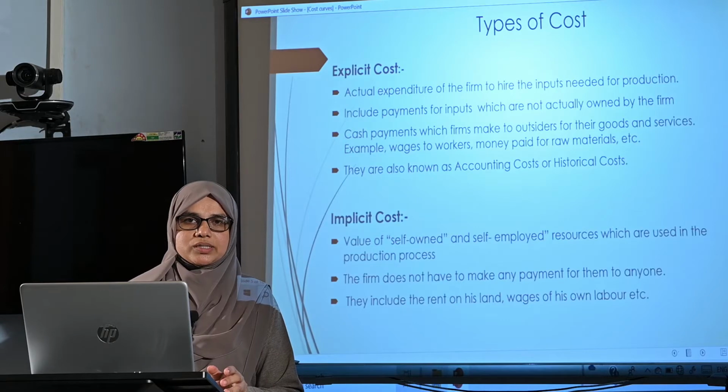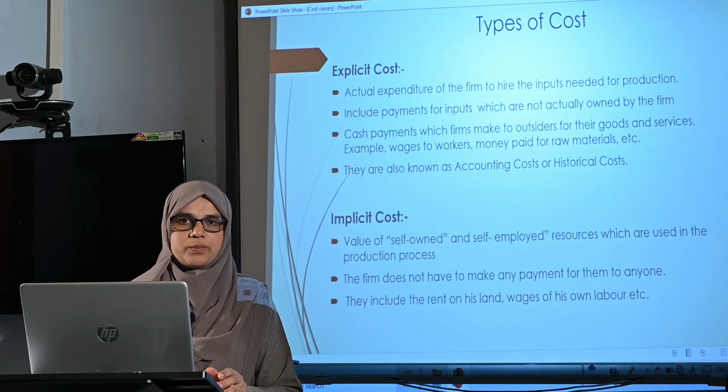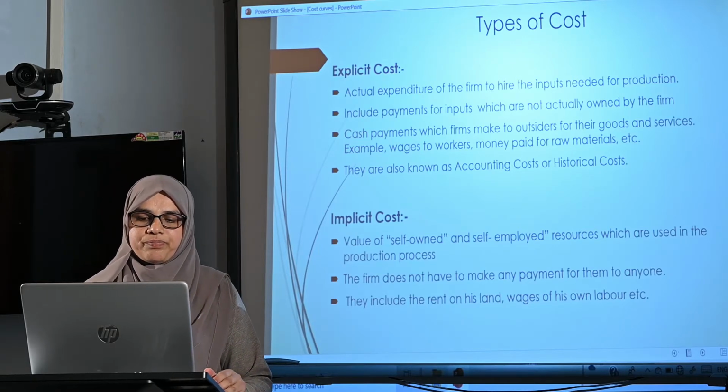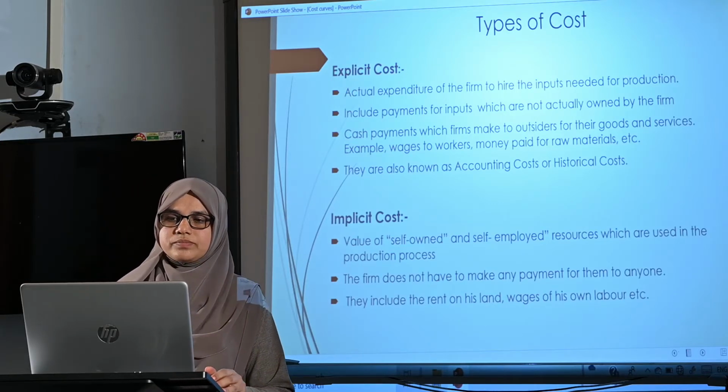The producer does not have to make any payment for the use of such resources in the production process. These are implicit cost. These include rent on his land, wages of his own labor, etc.